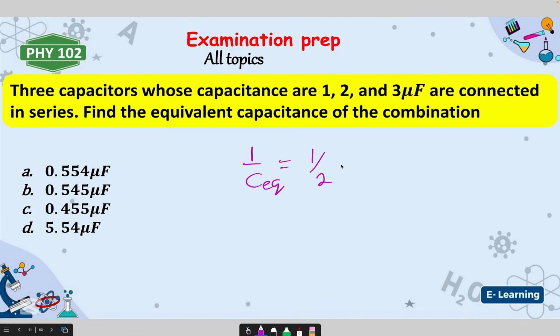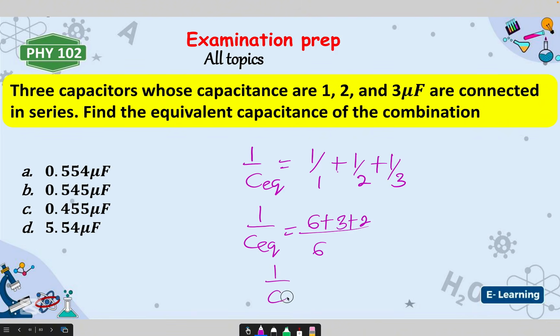So 1 over 1 first, plus 1 over 2 plus 1 over 3. So 1 over C equivalent will be, the LCM of these is 6. Here will give us 6 plus 3 plus 2. So 1 over C equivalent will be 6 plus 3 plus 2, 11 over 6.